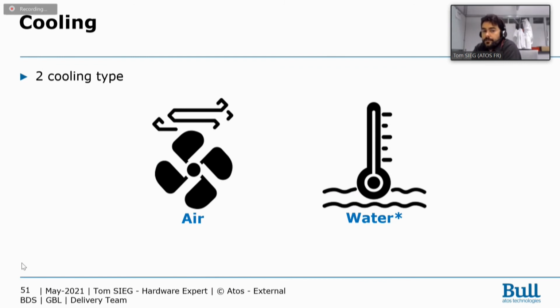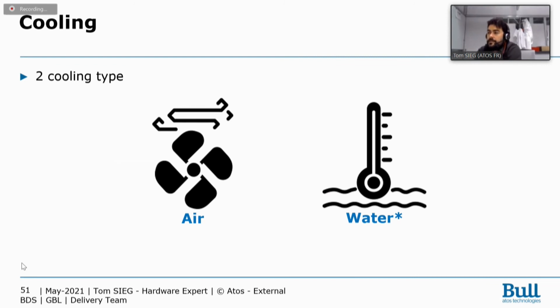There are two kinds of systems to evacuate heat: air or water. I put an asterisk on air because you will see that in almost all cases you will evacuate with water. It's really rare that you will not use water to evacuate your heat.